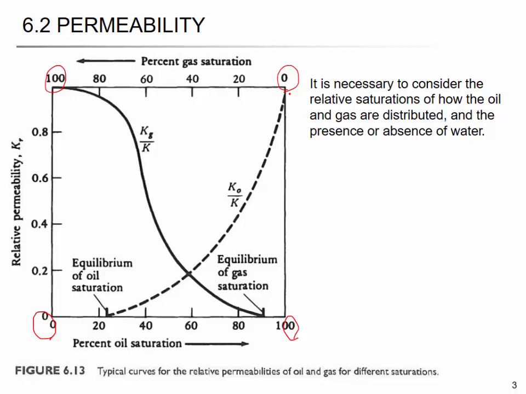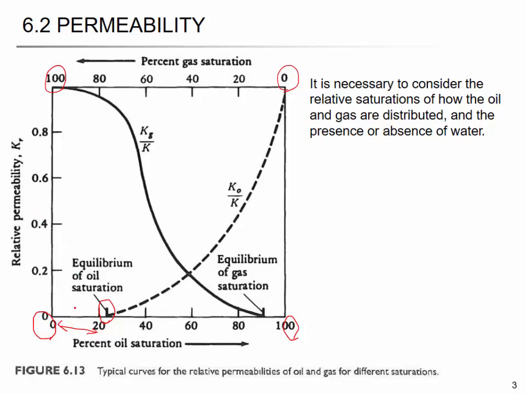And it begins to decrease as the gas saturation increases and the oil saturation decreases. So it decreases to 0, right? And this portion is called the irreducible oil saturation, or the residual oil saturation. We're going to learn about that later in this class.